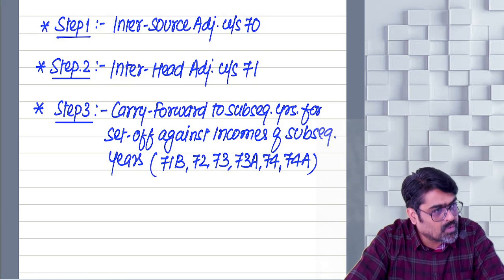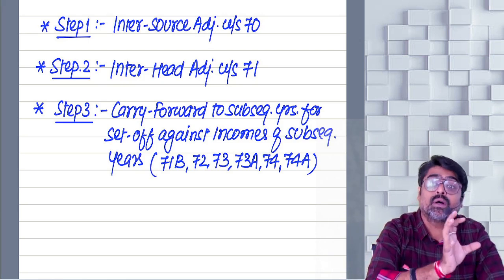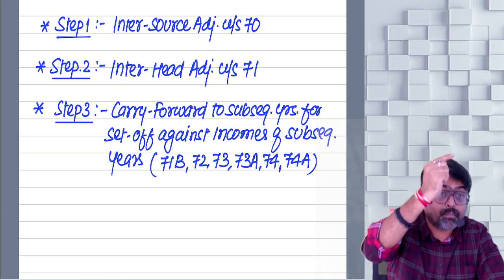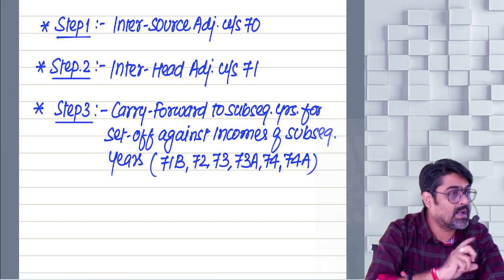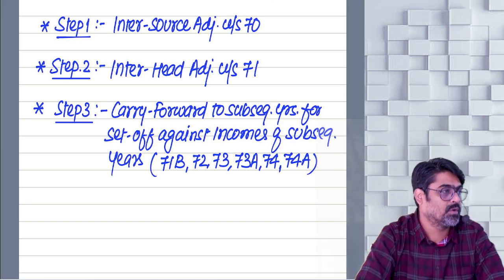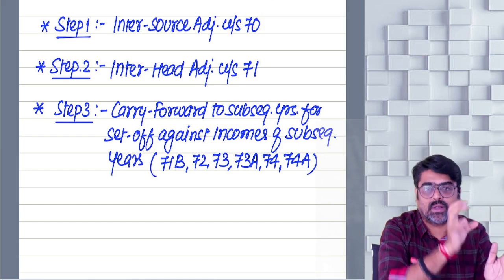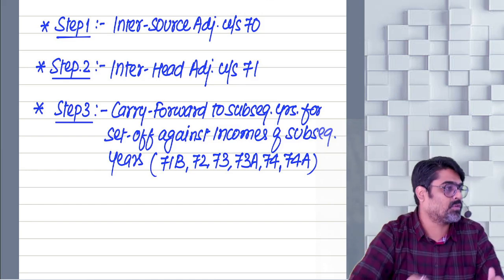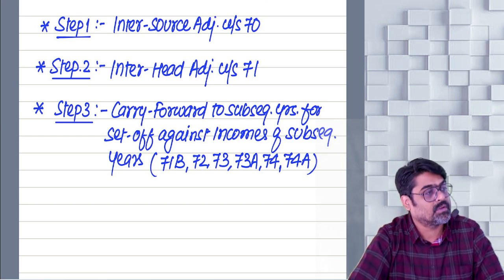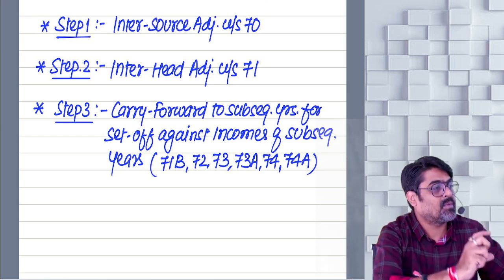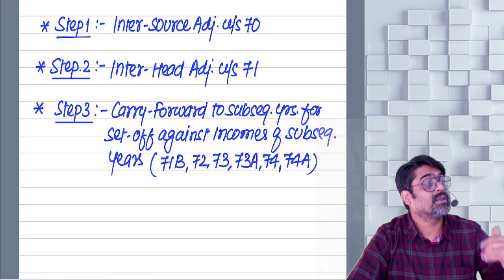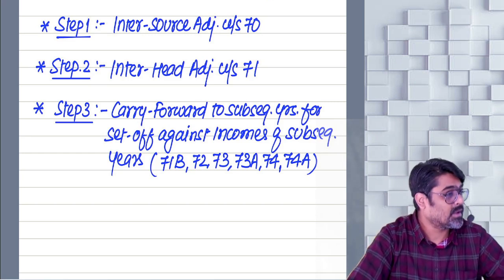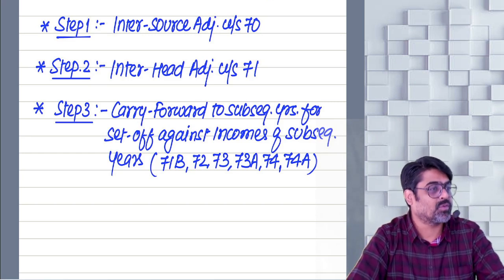Now whenever you bring any source under a head, then the computation provisions of that head are applicable on that source. So first take that source under a head, apply the computation provisions of that head on that source. Now what are the computation provisions? You take the income of that source, take the deductions which are allowed under this head from your source of income.